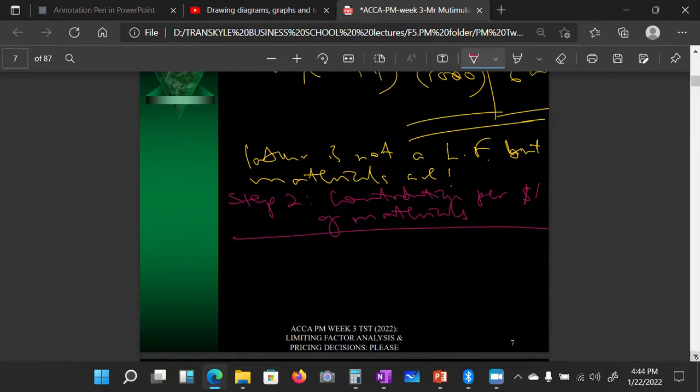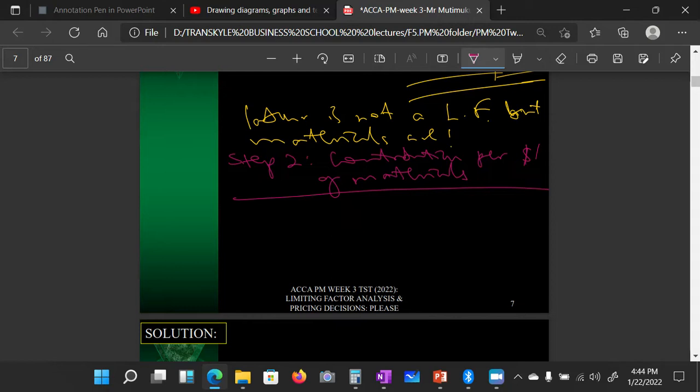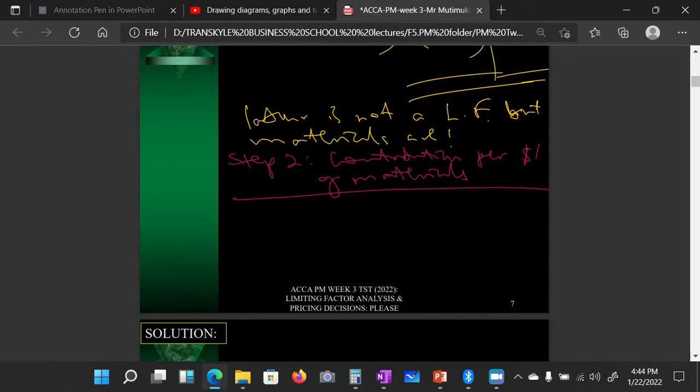Now, let's again draw our table. Here's the table, having product X, product Y, product Z. We are in dollars, and we are having units.